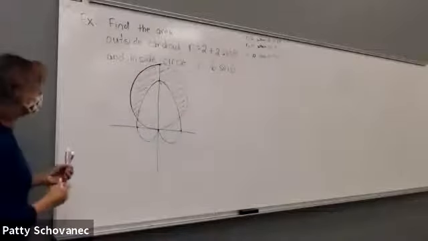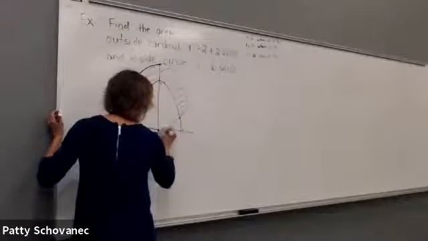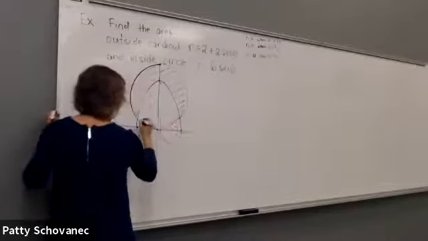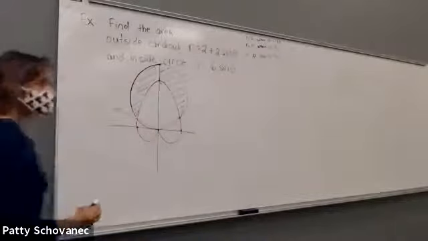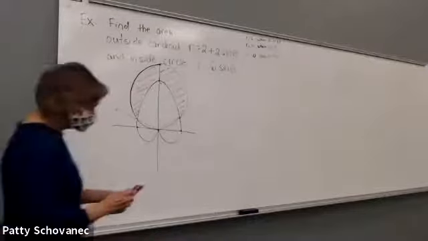The angles of intersection are going to play a role here. You're going to find those. I need to know what theta is when they intersect. So set those two equations equal to each other and tell me what at least the one in the first quadrant is.